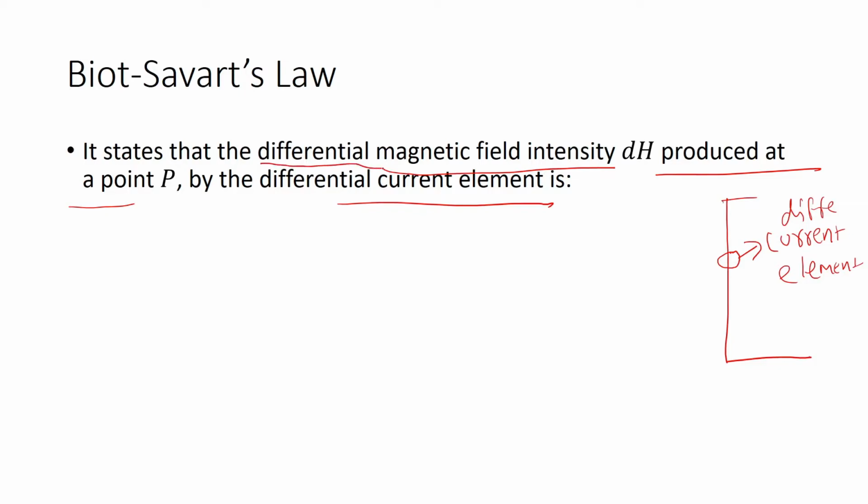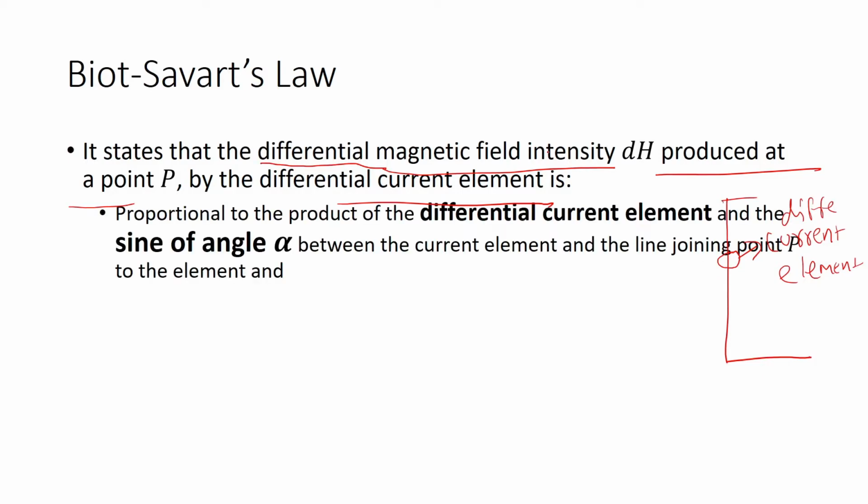The differential magnetic field intensity produced at a point because of this differential current element is directly proportional to the strength of the current element, and also the sine of the angle between the current element and the line joining current element to the point.